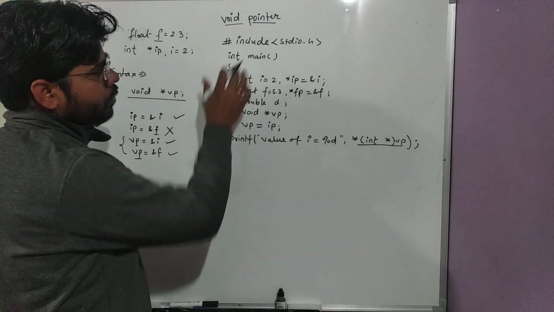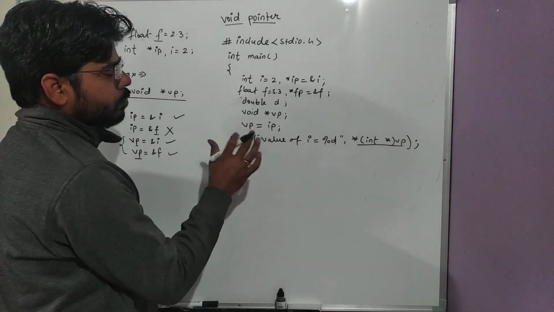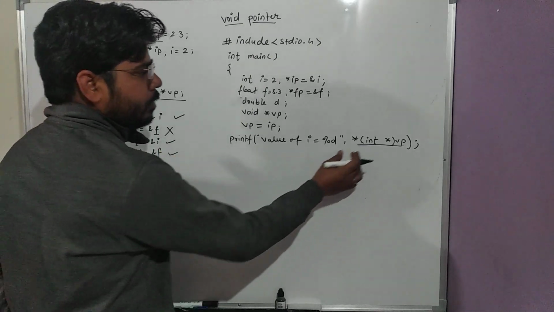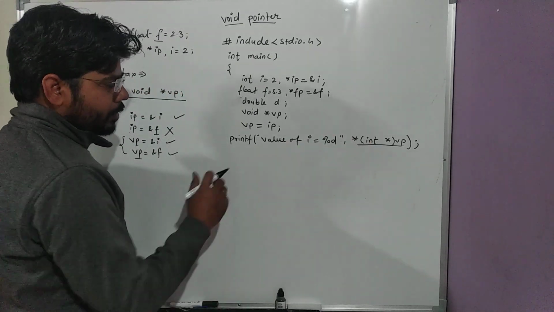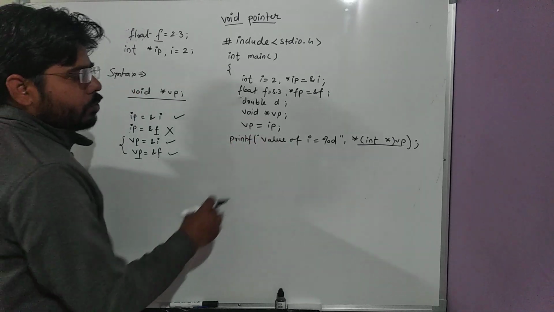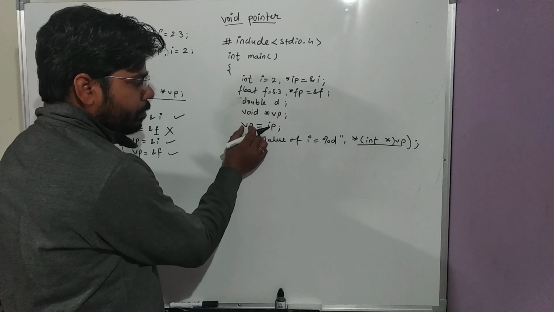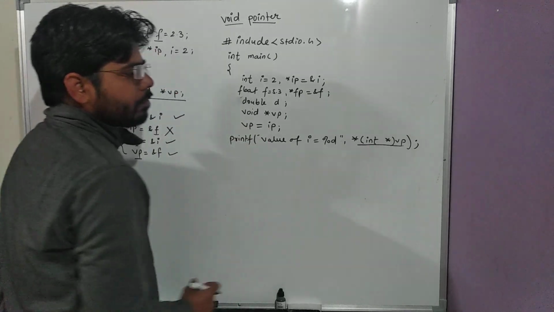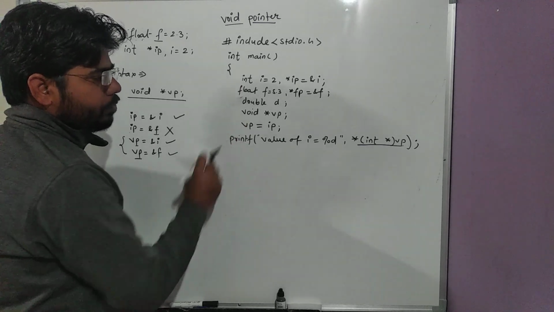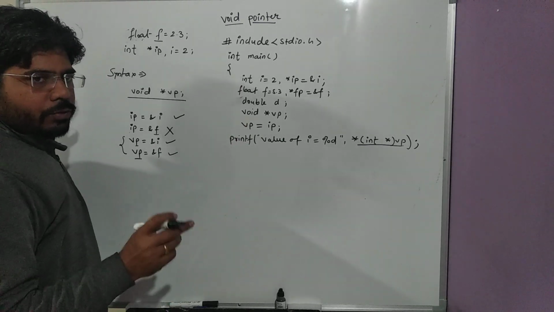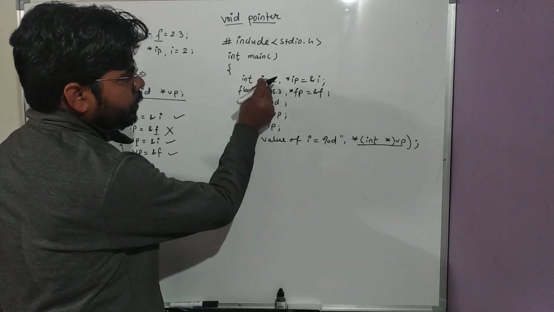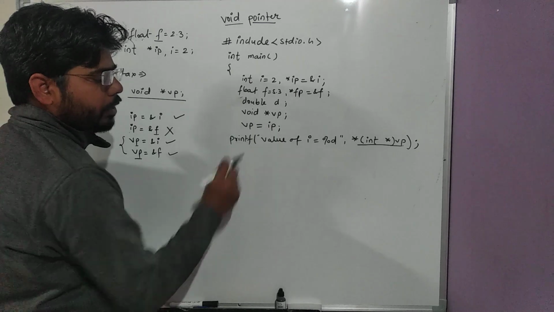To dereference this void pointer, we have to typecast the void pointer to the appropriate pointer type, which means that we need to typecast this void pointer to integer pointer. Okay, every time when you try to dereference this void pointer, you have to do the typecasting.